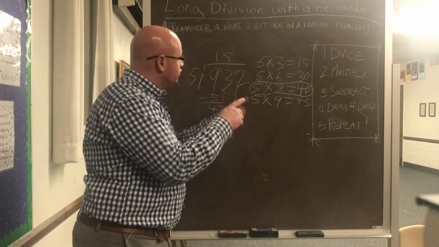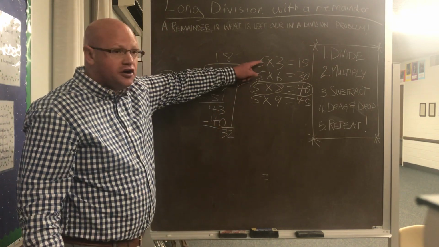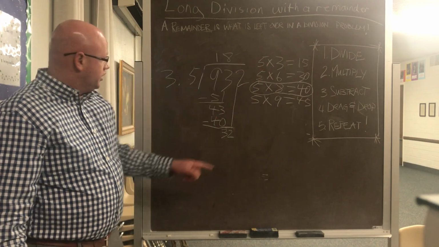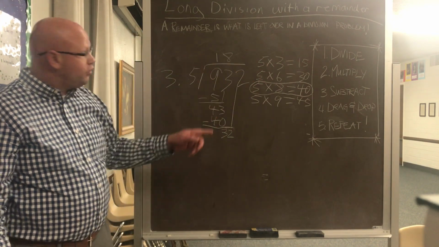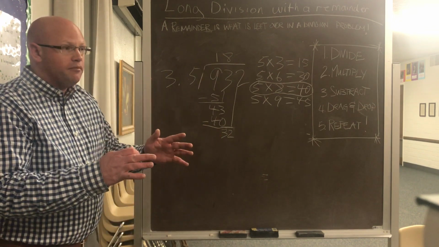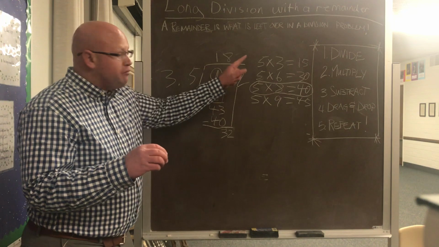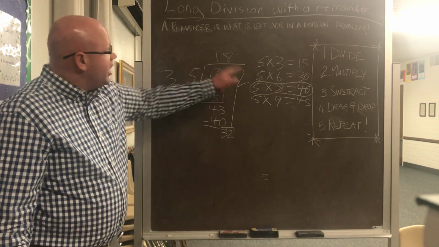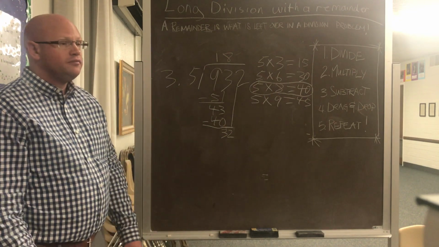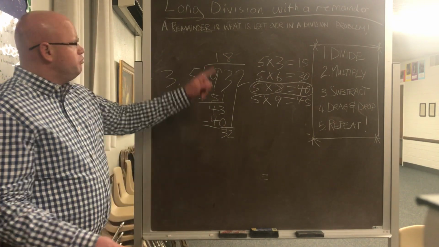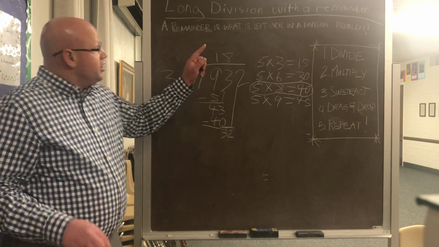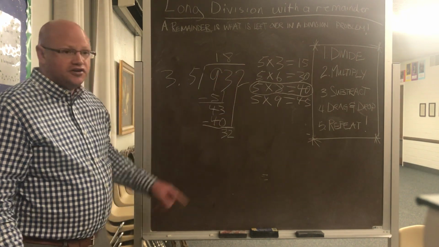So we're going to have to look at our chart over here. 5 times 3 is 15. Will that work? Yeah, that'll work. 15 can go into 32, but there's a gap. So let's skip on to 5 times 6, which is 30. Will that work, class? Yeah, that'll work because it isn't a gap. It's just 2 less than 32.